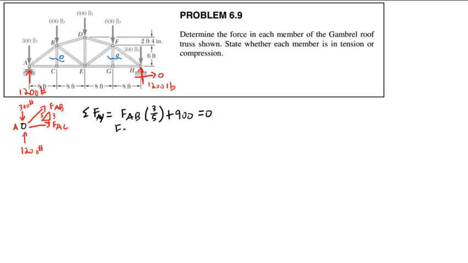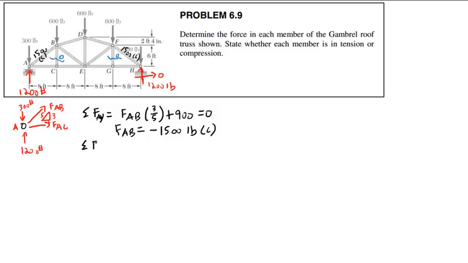And so FAB is going to be equal to, okay, that's 900 over here, 900 over 3 is 300 times 5 is 1,500. So negative 1,500 pounds, or compression. So this is 1,500 compression. We've solved two. We have two members solved.